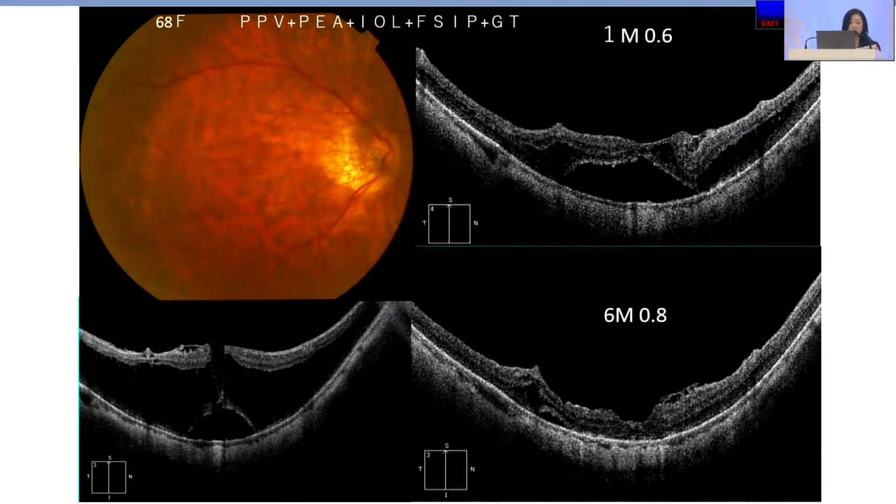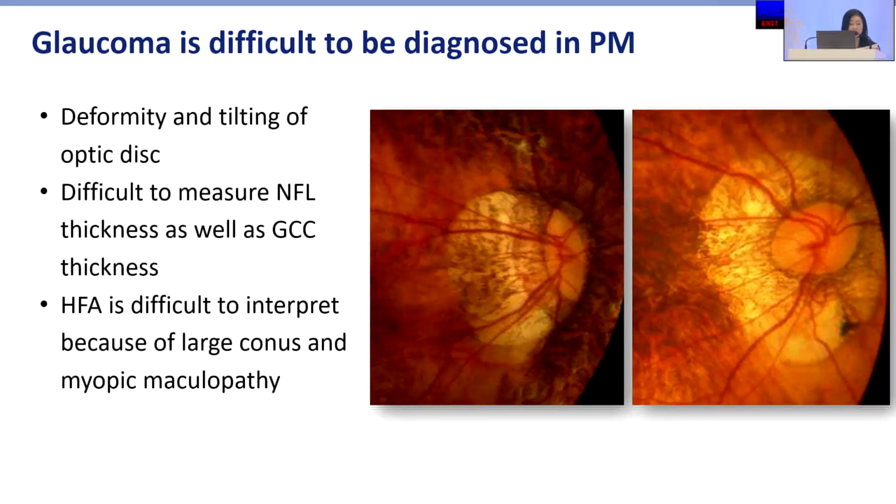And a modified technique of ILM peeling is shown to be useful for this condition, which is fovea-sparing ILM peeling. Usually we remove ILM completely, but we leave the ILM around the fovea to protect the fragile fovea from surgical insult. And in this case, in the bottom left image, high retinoschisis is seen, but with this technique, retinoschisis has gradually resolved in the long term.